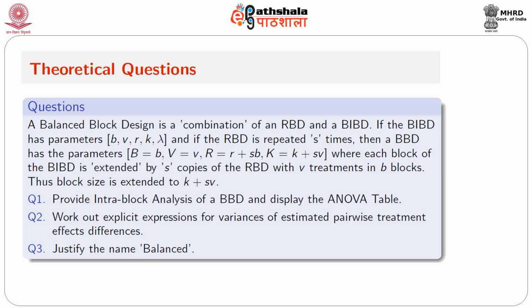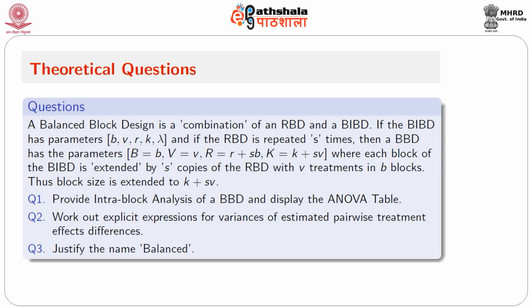If the BIBD has parameters like B, V, R, K, lambda, and if the RBD is repeated S times, then the BBD has the parameters capital B equal to small b, capital V equal to small v, capital R equal to small r plus SB, and capital K equal to small k plus SV, where each block of the BIBD is extended by S copies of the RBD with V treatments in B blocks. Thus, block size is extended to K plus SV.